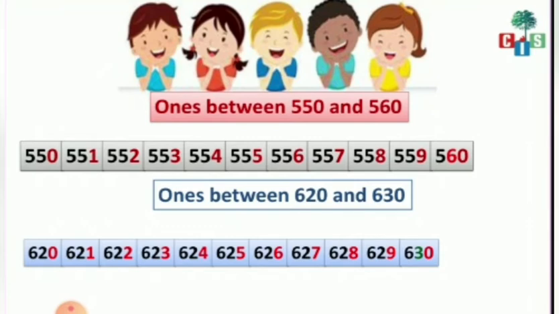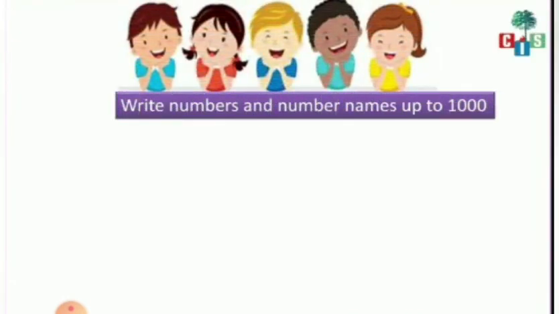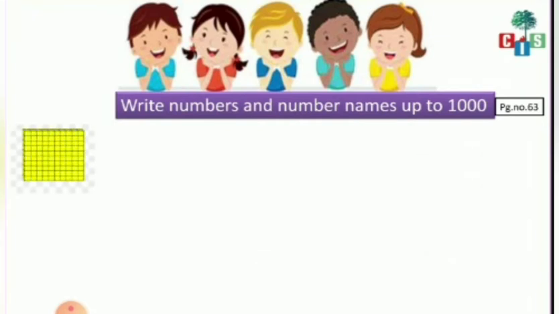Now let's move to the next slide. Write numbers and number names up to 1000. So let's see the first one. This is the page number 63. Now you all know this is a block of 100.